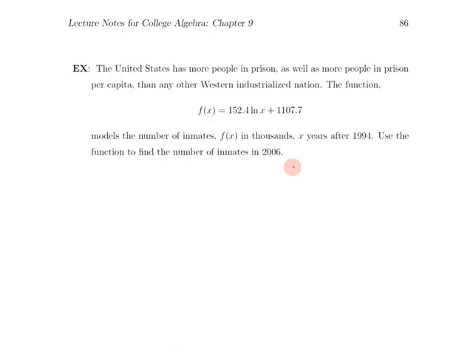Use the function to find the number of inmates in 2006. So to find x, I'm going to say how many years have gone by since 1994 by taking 2006 minus 1994, which is 12 years. So I'm going to let that be x.